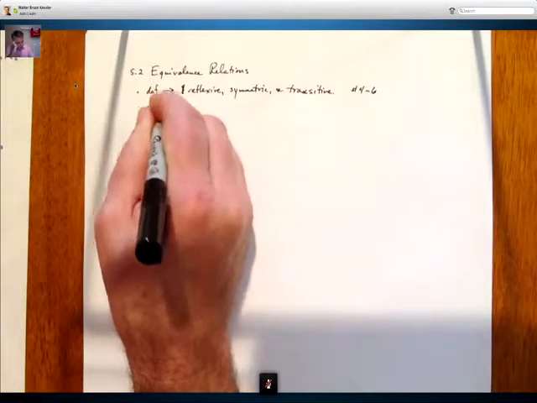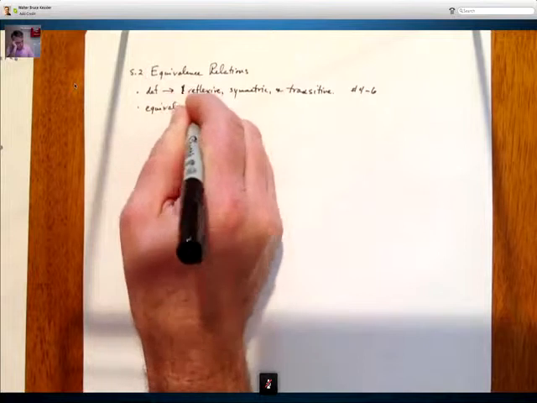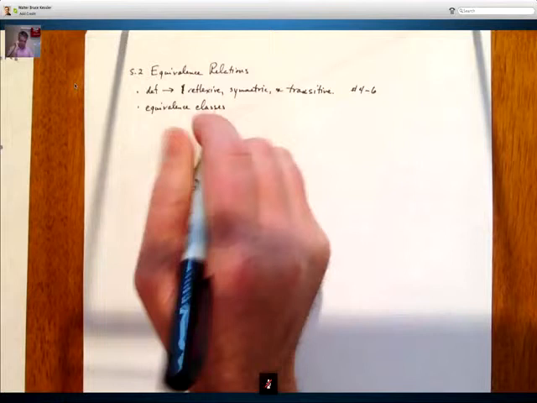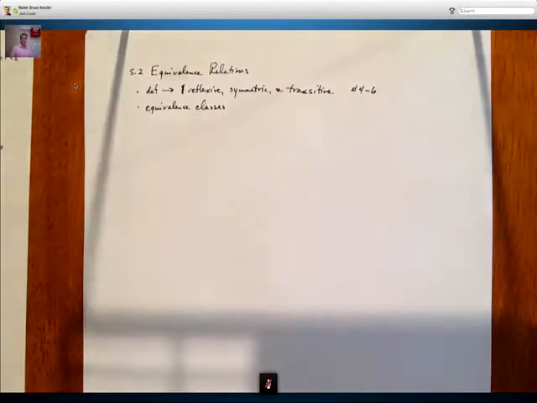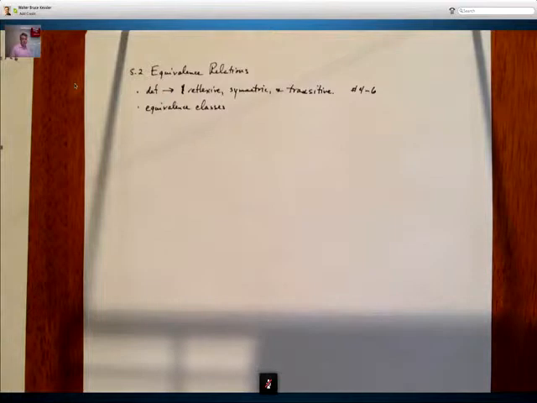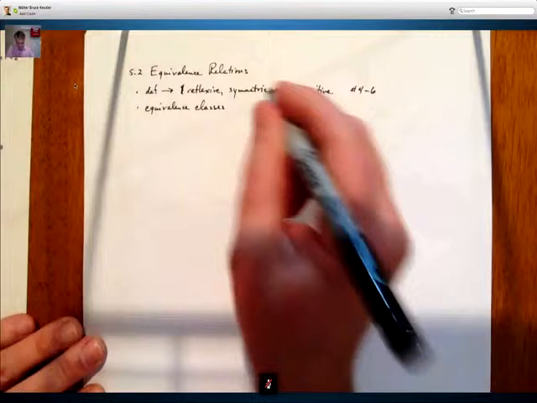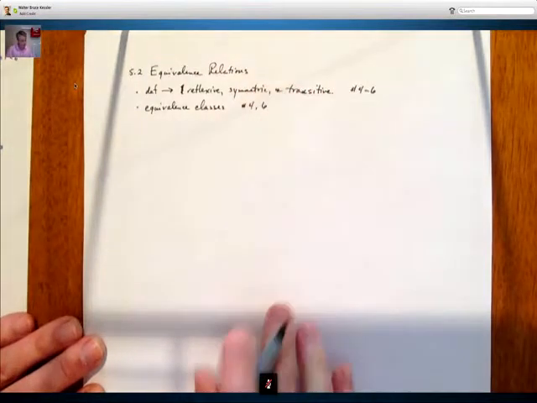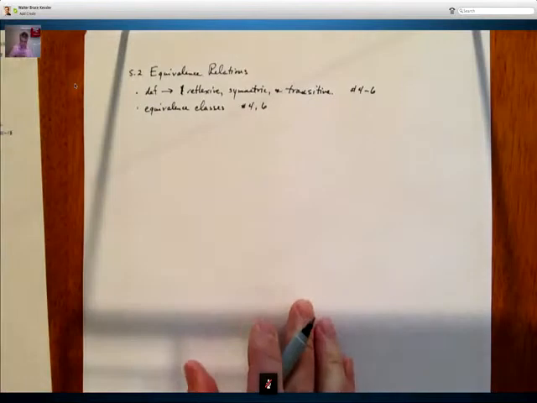And then also we can talk about the equivalence classes. And I could ask you, okay, here's an equivalence relation. What does the equivalence class of this element look like? And basically that's everything that's related to it, right, through the equivalence relation. And we did that in problem 4 and also I think in problem 6.